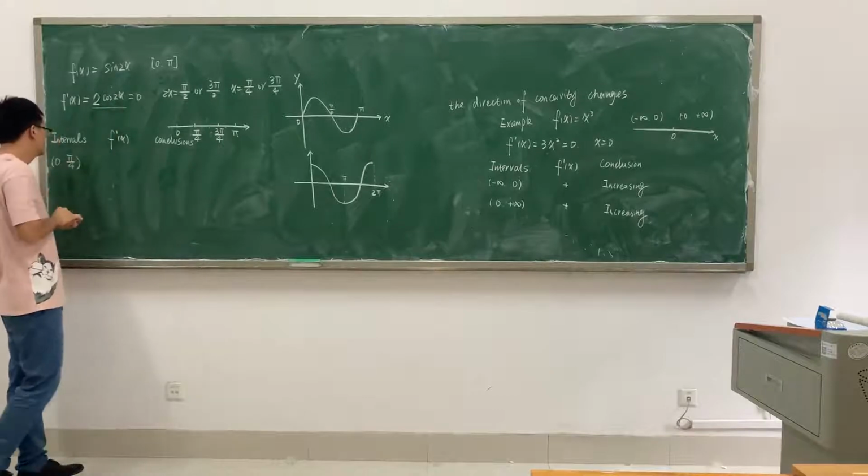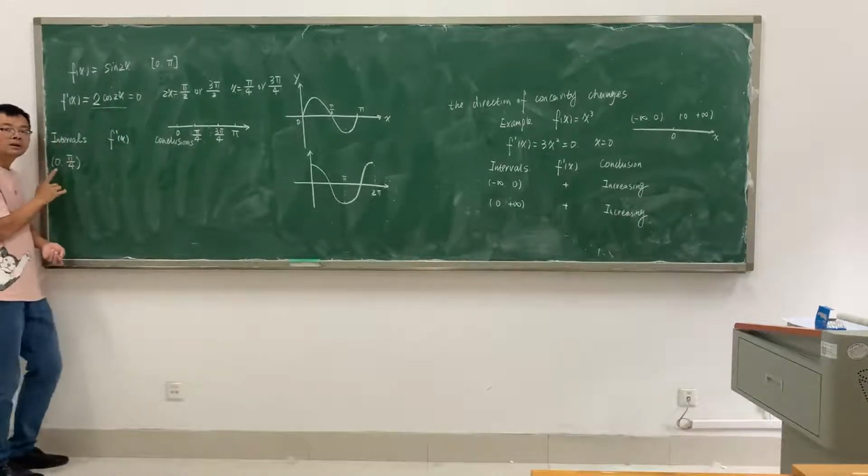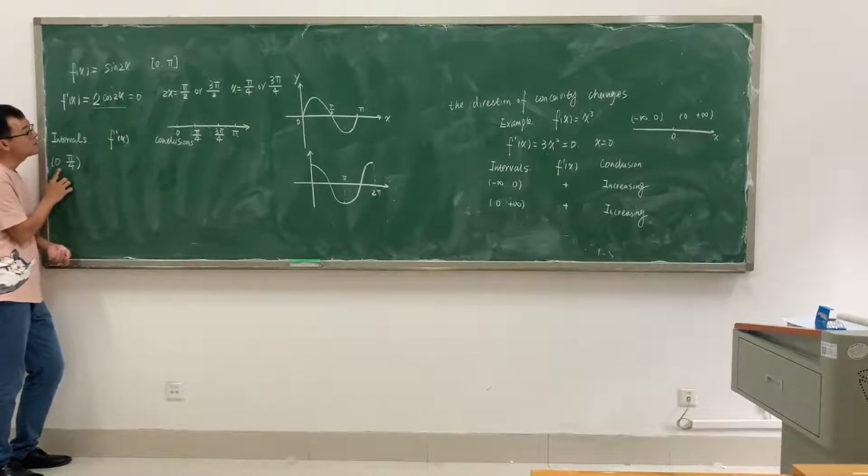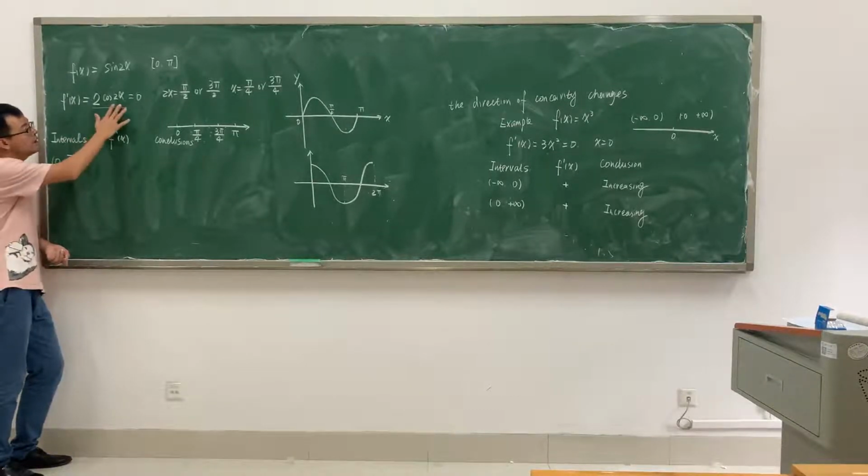I think it's easy. You just need to find a value in this interval, for example pi by 8, and substitute it to see whether it's positive or negative.